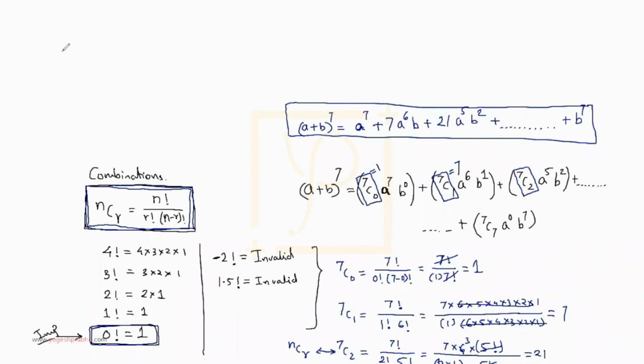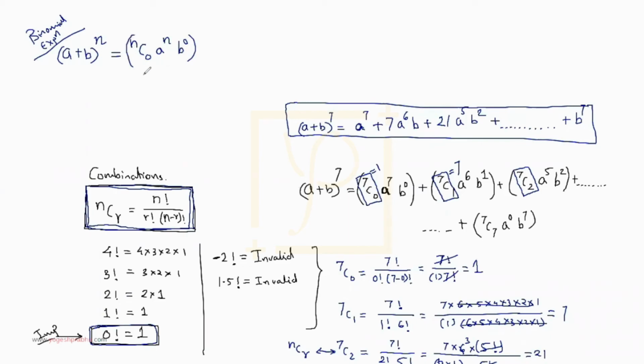See how this is. If you have A plus B raised to n, and you want to write the binomial expansion, right now we have solved it for 7, now we are doing it for n. A plus B raised to n will be, the first term, like 7C0, will become NC0, A raised to n, B power 0.